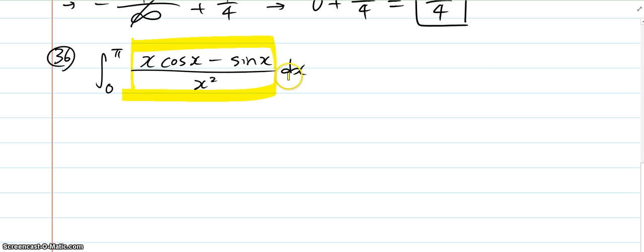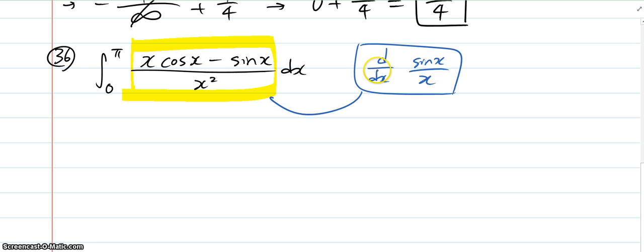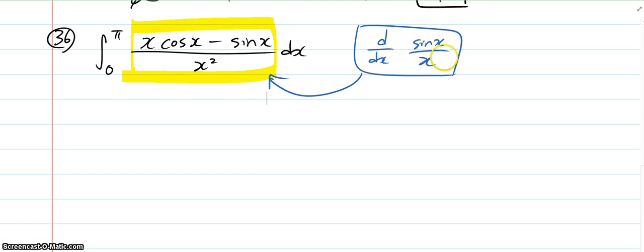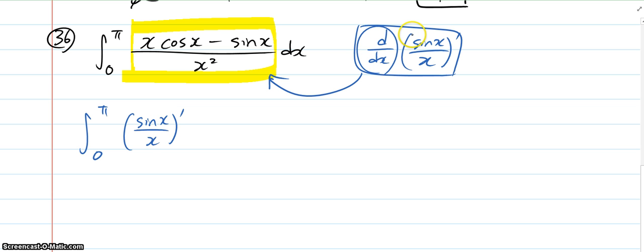I don't even know how to integrate that, but the book kindly says that d dx of sine x over x equals the highlighted part. So this means the derivative, so we can rewrite that into the integral of the derivative of sine x over x.